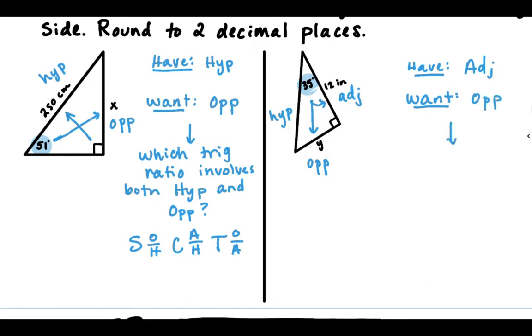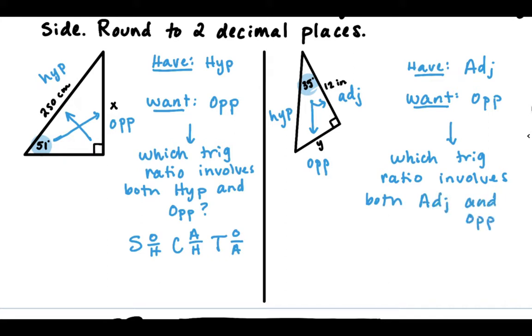Okay, so now we want to ask ourselves which trig ratio involves both adjacent and opposite. And again, we're going to use SOHCAHTOA to help us answer that question.